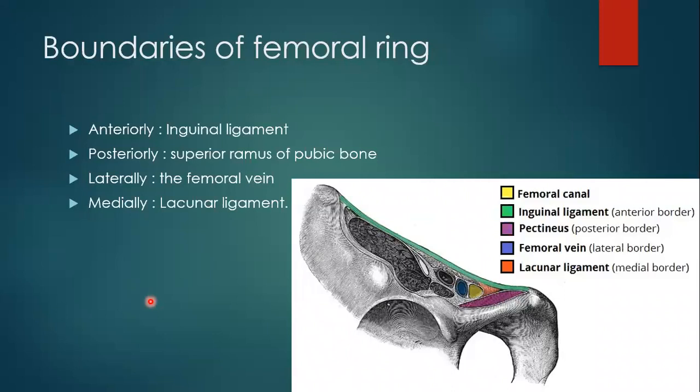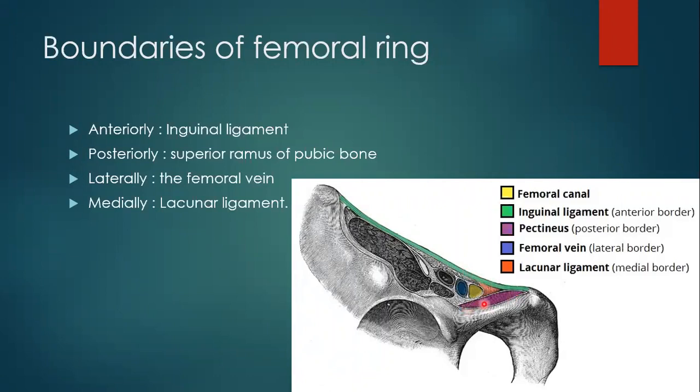Now, this is the last slide, and it shows us the boundaries of the femoral ring. This yellow color is the femoral canal, and the upper margin of the femoral canal is known as the femoral ring. Anterior to the femoral ring, given in green, is the inguinal ligament. So the anterior boundary of the femoral ring is formed by the inguinal ligament.